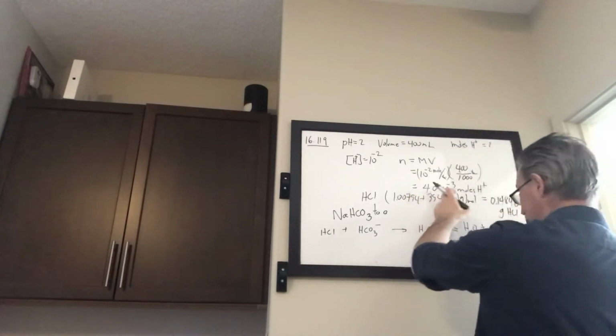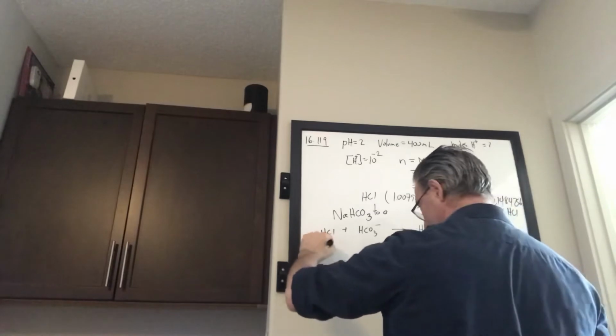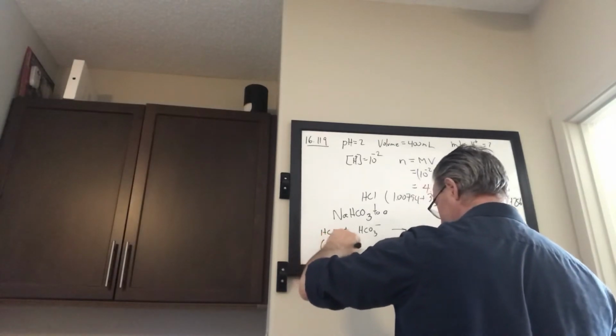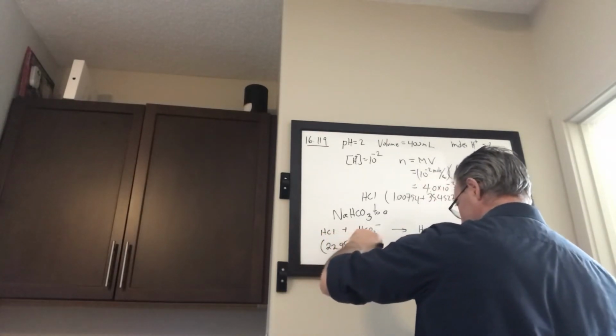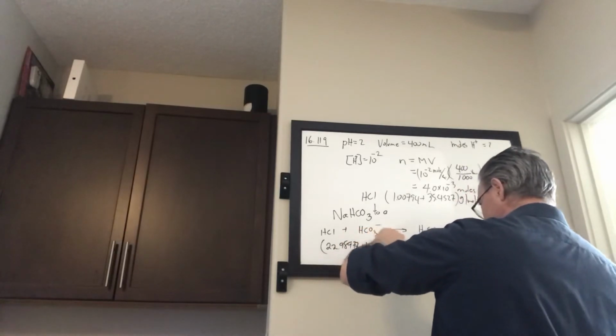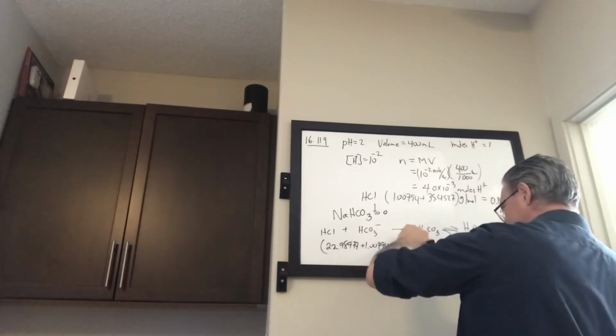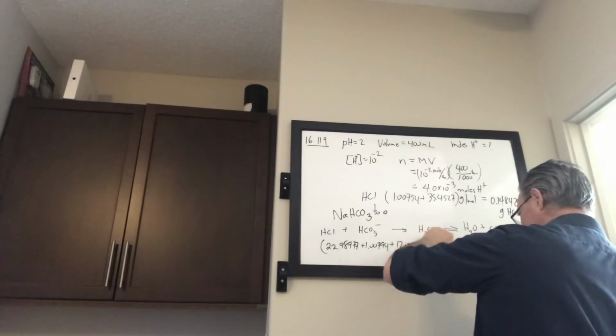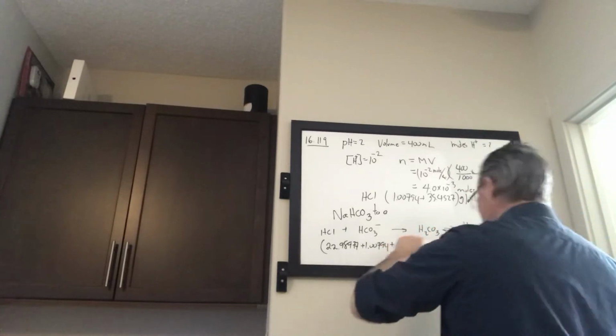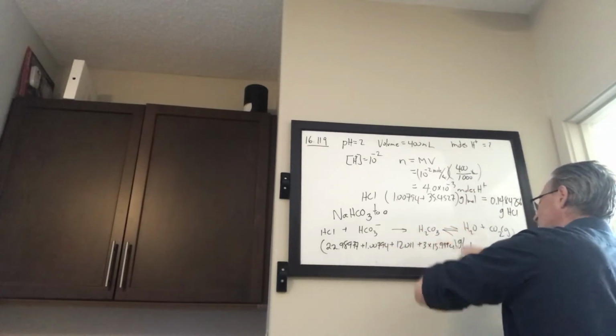You're going to need 4.0 times 10 to the minus 3 moles. So we're going to need 22.98977 plus 1.00794 plus 12.011 for the carbon plus 3 times 15.994 for the oxygen, grams per mole for sodium bicarb.